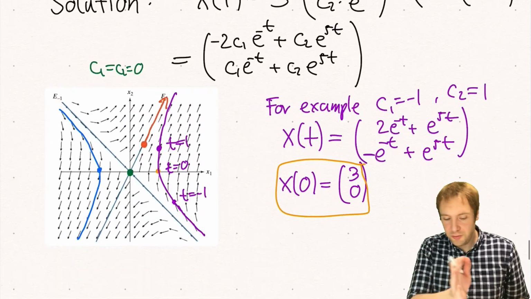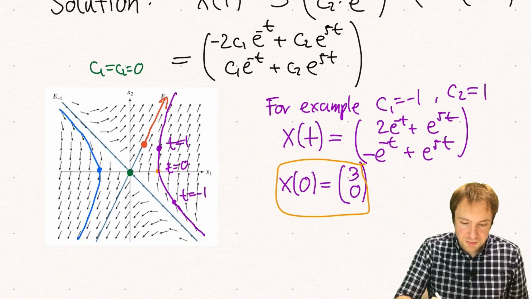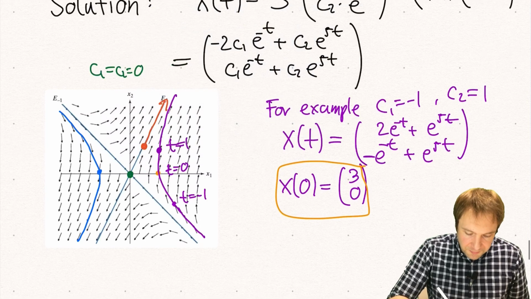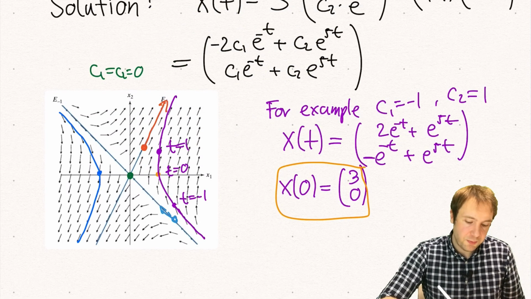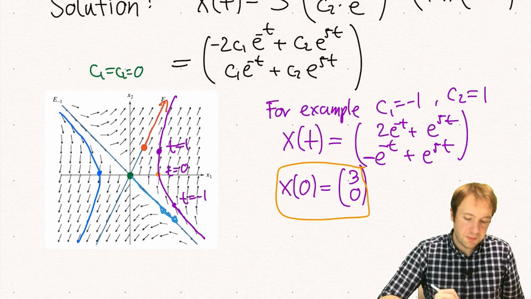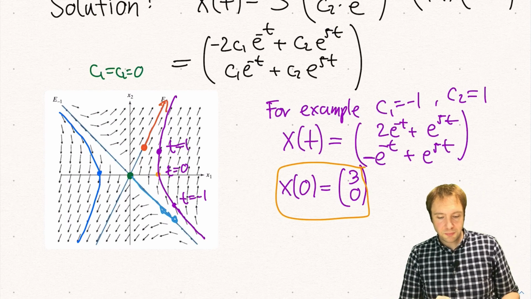So you will not go outside this eigenspace here. And also here you see that on this line, these arrows go in this direction. So if you start somewhere here, you will end up going to 0 here.